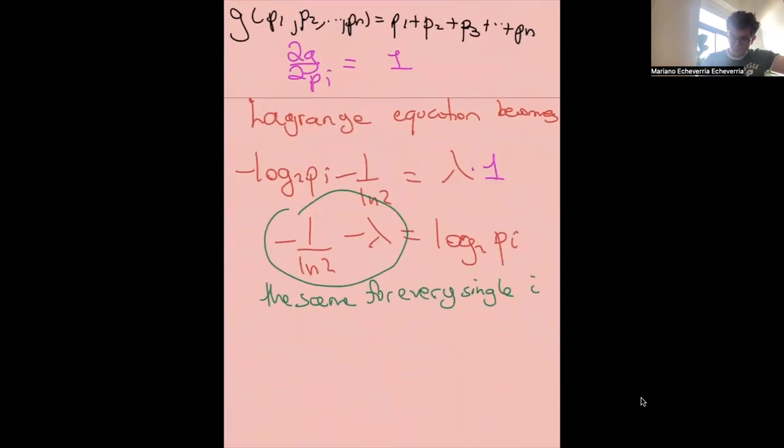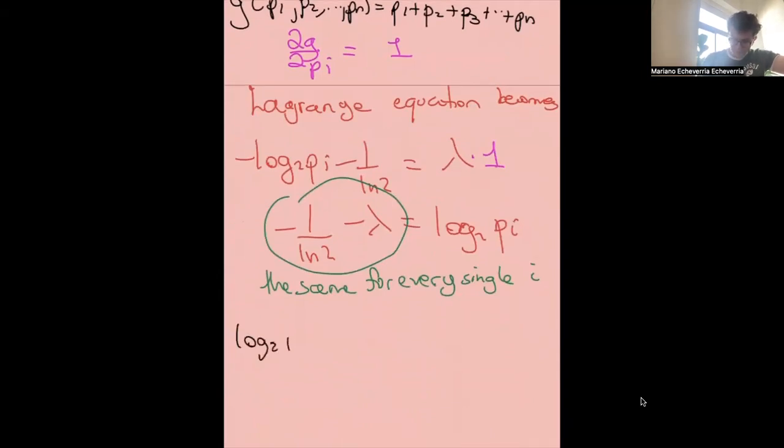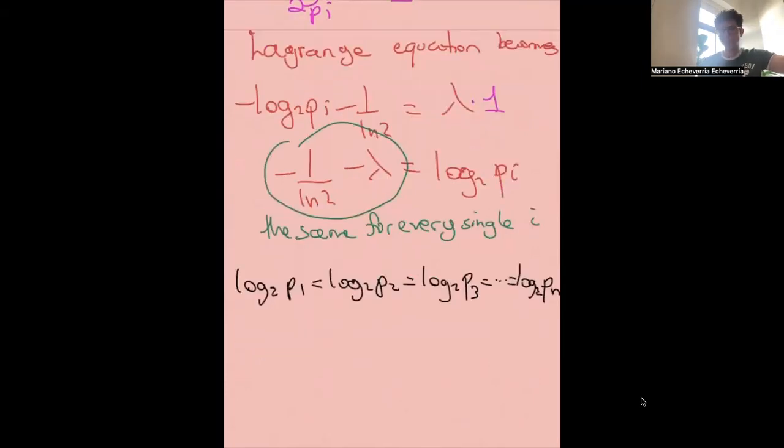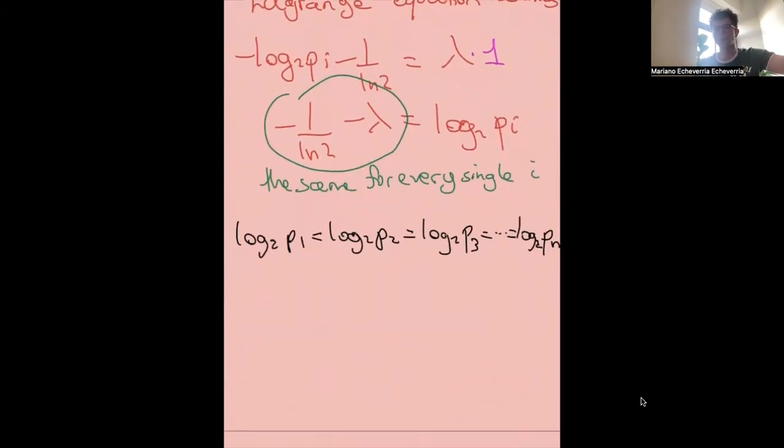That means that the logarithm in base 2 of p1 has to be the same as the logarithm in base 2 of p2, which has to be the same as the logarithm in base 2 of p3, etc., because each of these is separately equal to this quantity. So all these logarithms are the same. And how can that happen?